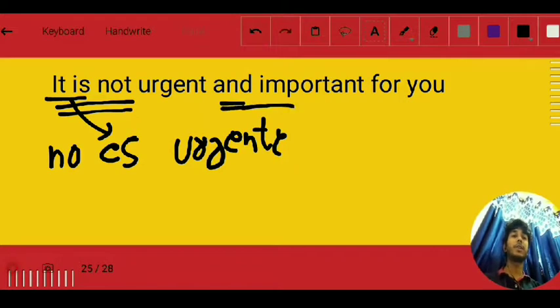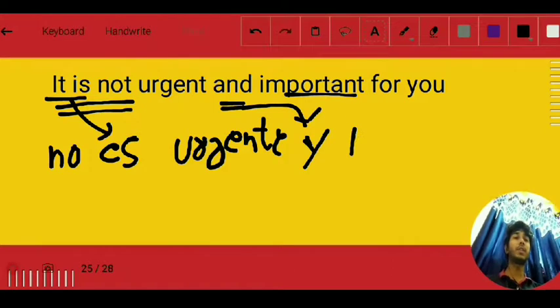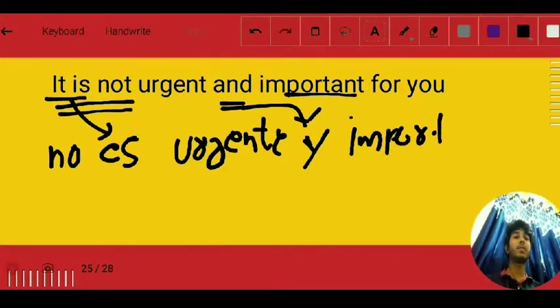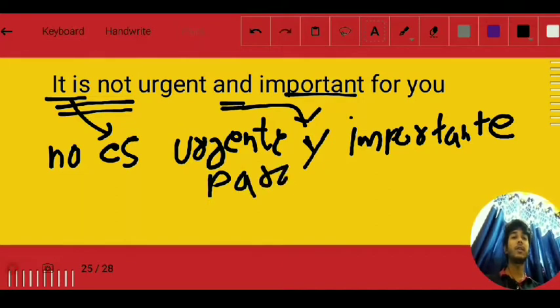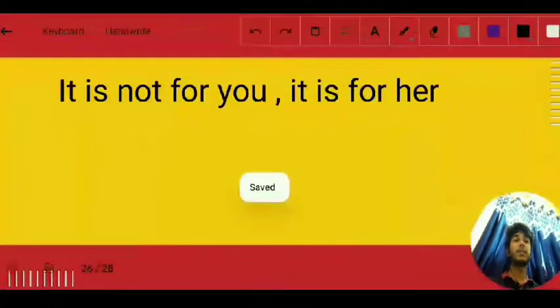And for "and", the Spanish word is y. Important is importante. For you is para ti. Para for, and for you is ti. Para mí, para ti. That lesson.